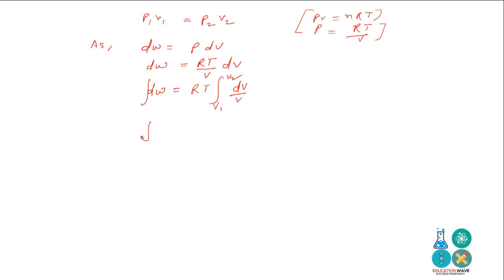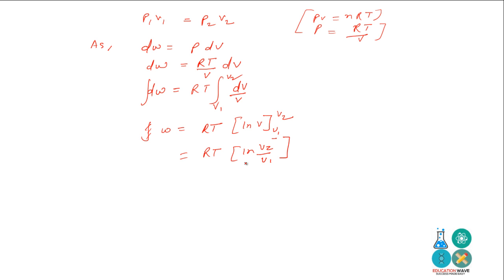So this will be equal to W. W is equal to RT natural log of V from the limit V1 to V2. Also we write RT natural log of V2 upon V1.